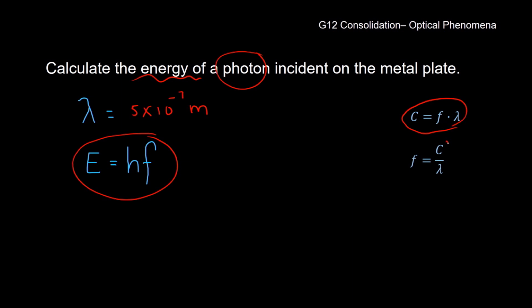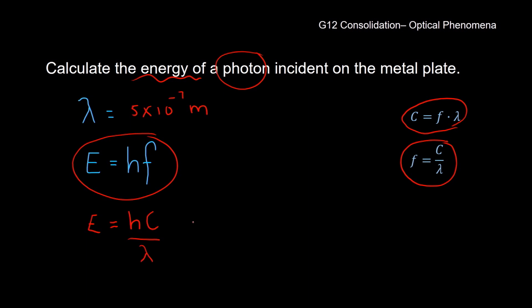If we rearrange that equation, frequency is equal to speed of light divided by wavelength. So energy for this calculation is going to be equal to Planck's constant times the speed of light divided by the wavelength.